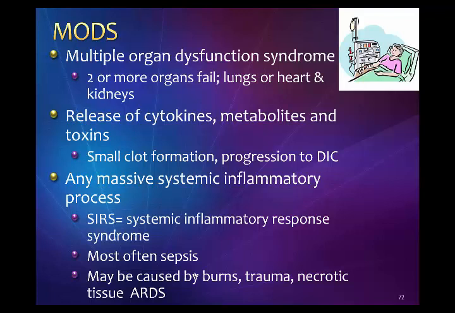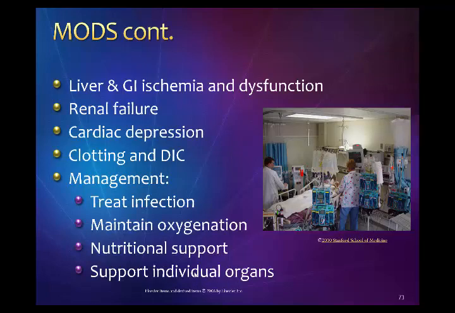So let's take a second and talk about MODS. It's relatively simple. It just means that more than one organ fails. So it can be like the lungs, the heart, the kidneys. Lungs would be ARDS. Kidneys would be acute tubular necrosis leading to acute renal failure, or acute kidney injury these days is called. And it can also be the hematological result of DIC that we already talked about.